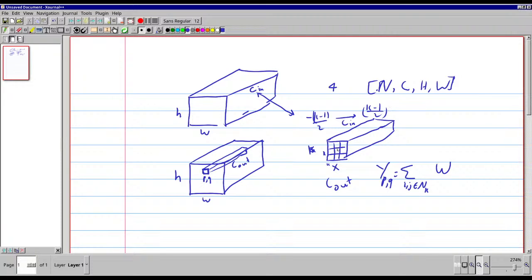The minus 1 is this odd part. So here with 3 by 3, (3 minus 1) over 2 is 1. So minus 1, 0, plus 1.